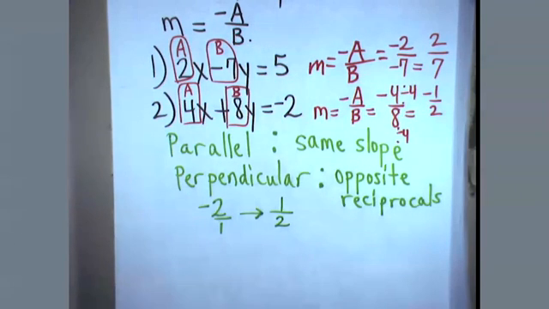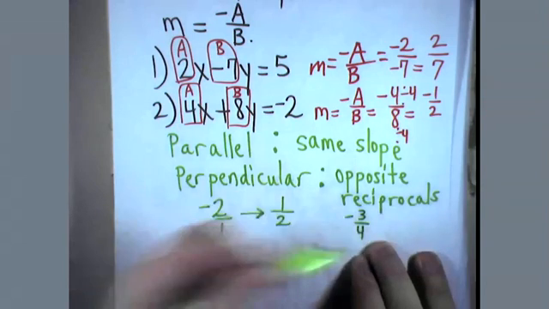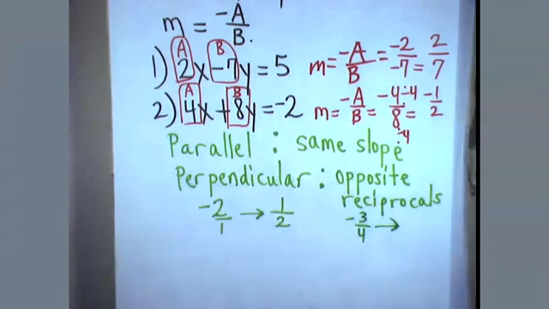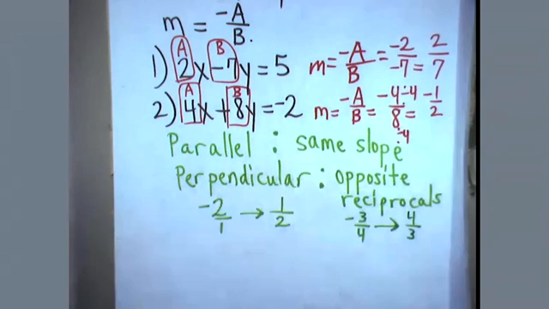So that's what I mean by slopes having opposite reciprocals: they have different signs and the slopes are flips of each other. Another example is if you had -3/4 for one slope, well, the slope of the line perpendicular to that line would be just 4/3. Again, opposite signs, slopes are reciprocals of one another.